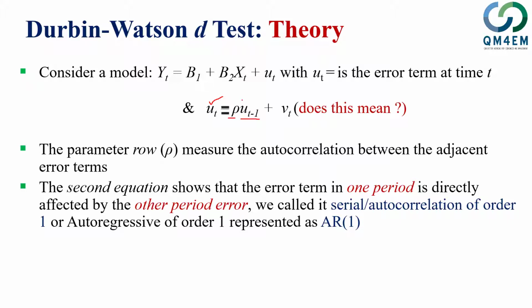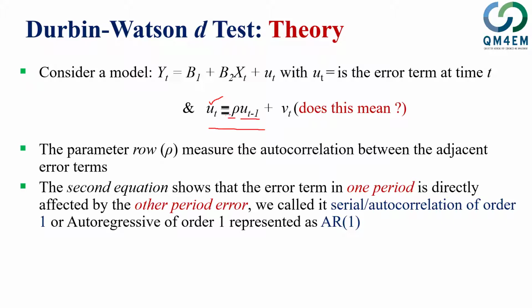You could also have an AR2 process, in which we add another term to this model by adding more values, rho 1 and rho 2, ut minus 2, and so on. So you could have AR2, AR3, ARP processes, but for the time being we are considering only the AR1 process, in which the error term is linked with the first successive value only.